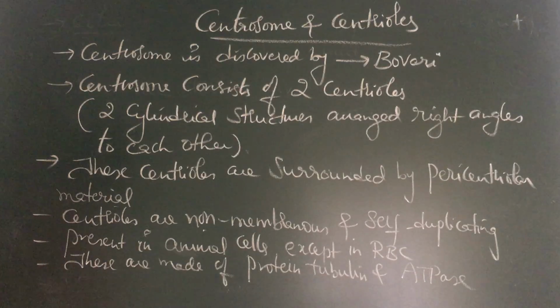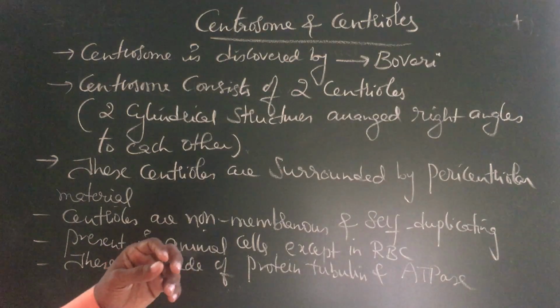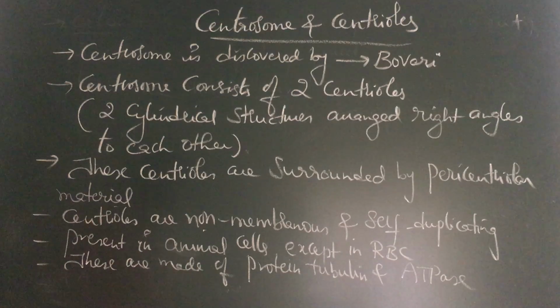So tubulin proteins are nothing but the microtubules. If you see the structure, then you can clearly understand the arrangement. So let us see the structure of this centrosome and centrioles, how they are arranged.